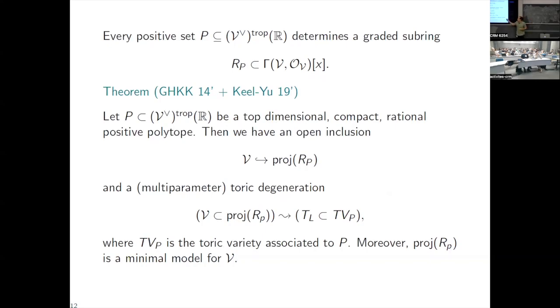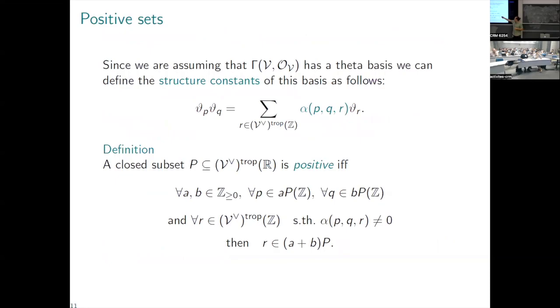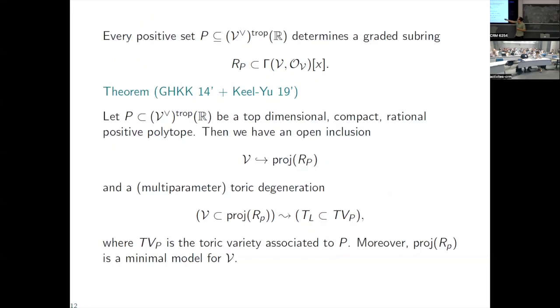The fact that the theta functions parameterized by this positive set satisfy this condition tells me that this is a graded ring. So this condition is a way to encode graded subrings of this ring.